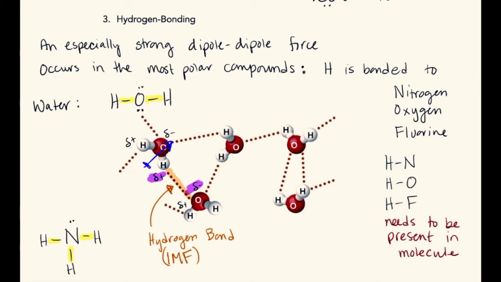That's just the qualification that the molecule needs to have. You have to have that present in the molecule in order for the intermolecular force to be called a hydrogen bond. So here, again, the hydrogen bond is the IMF between the oxygen on one and the hydrogen on the other. Okay.